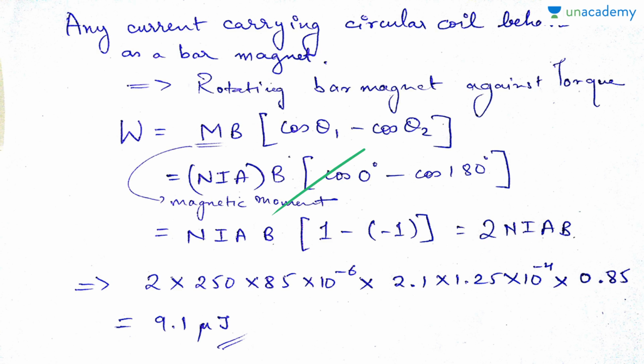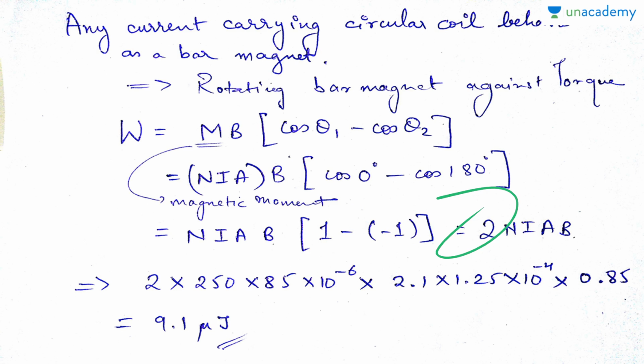Supposing that it is lying in this plane, from 0 degree we are rotating it to 180 degree, so theta 2 will be 180 degree. Cos 0 is 1, cos 180 degree is minus 1, so this will become twice.